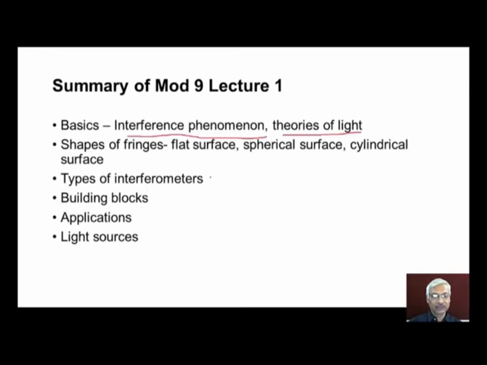And then we listed the different interferometers like NPL interferometer, laser based interferometers, etc. And we also discussed the various building blocks like mirror, light sources, lenses, etc., which are used to build the interferometers. And we also discussed the application of interferometer for flatness testing, and what are different light sources used in interferometers. So with this we will conclude this lecture. We will continue the discussion on interferometry in the next lecture.